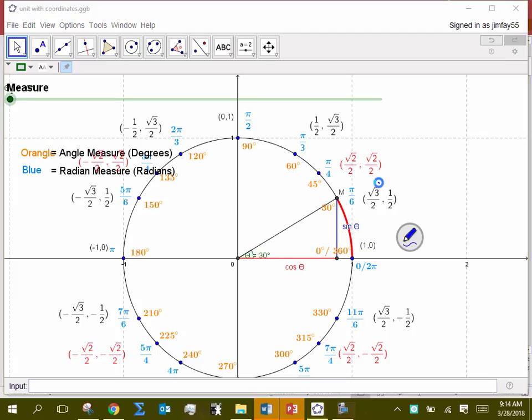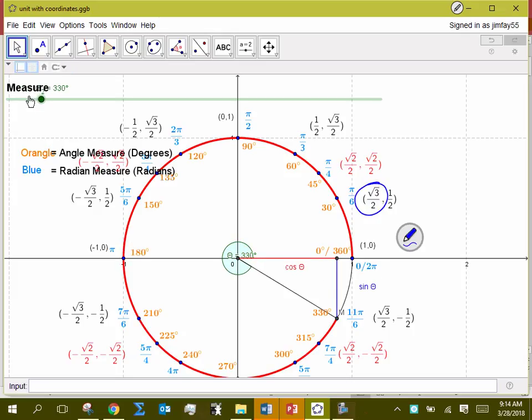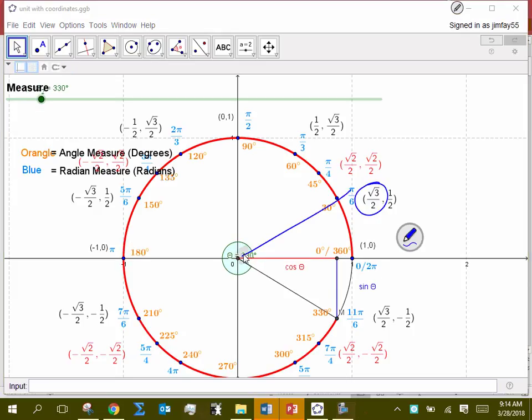Cosine of 30 degrees is that thing right there, right? Cosine of negative 30, won't that be right there?